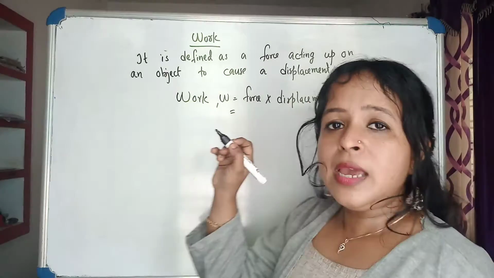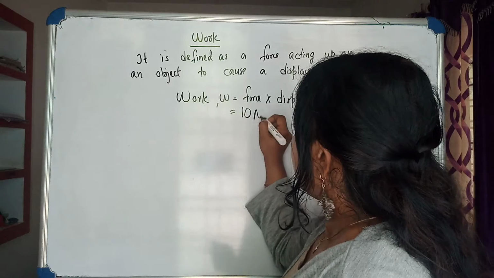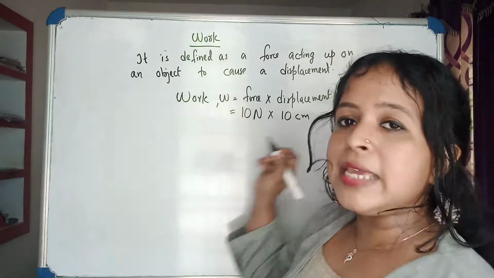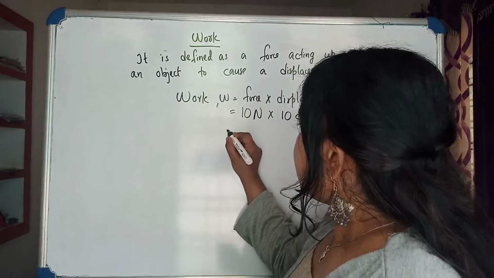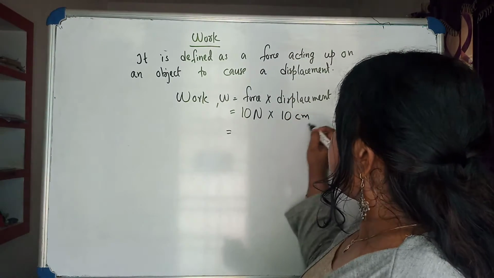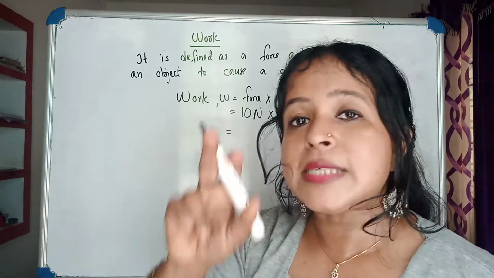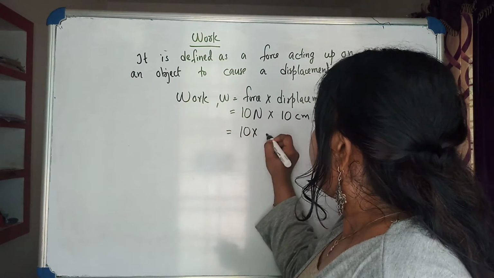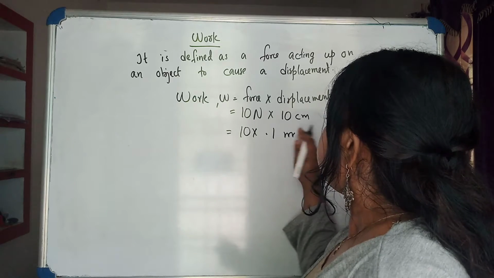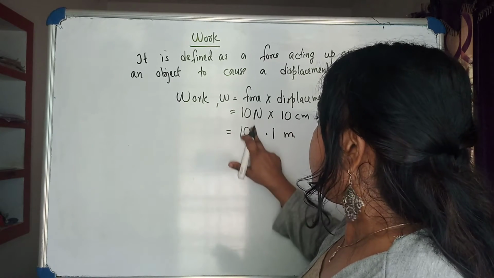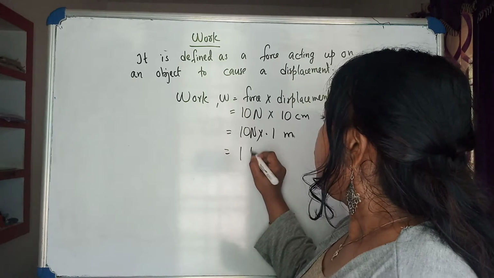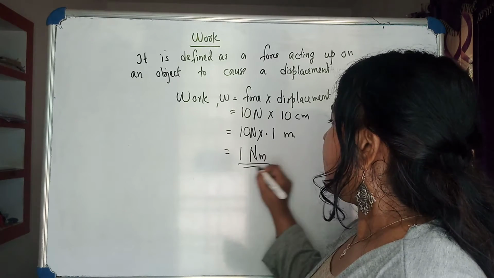Here I am using 10 Newton force and a displacement of about 10 centimeter. Then I have to convert centimeter into the SI unit, meter. That is 10 Newton into 0.1 meter. That means it is 1 Newton meter.